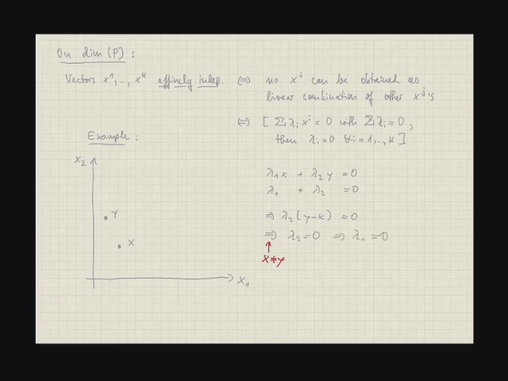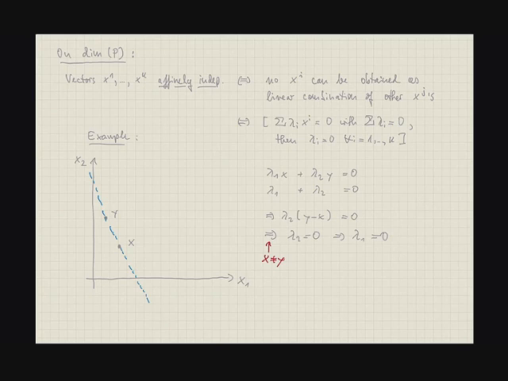So that means I actually took two arbitrary vectors x and y in R2, and they are affinely independent. As a matter of fact, any two vectors x and y, if they are not equal, span this one-dimensional subspace here. So this line, which is uniquely defined by these 2 points.